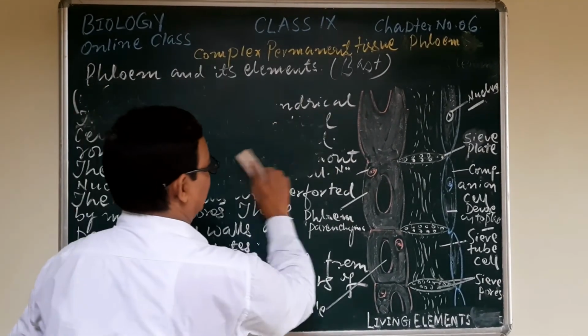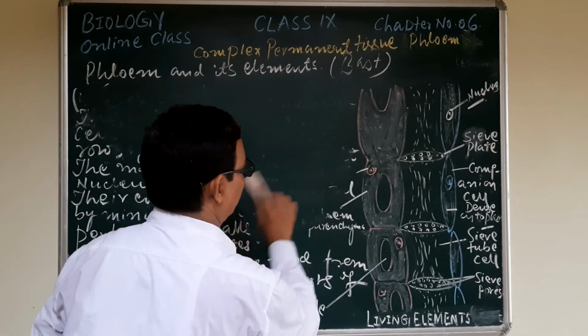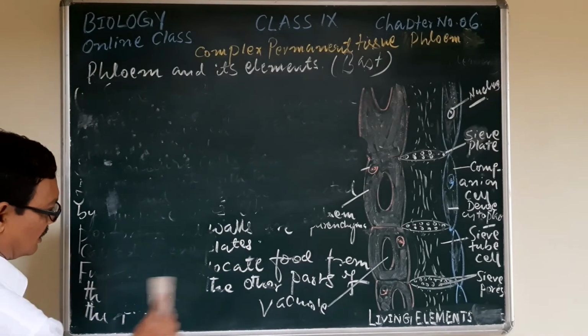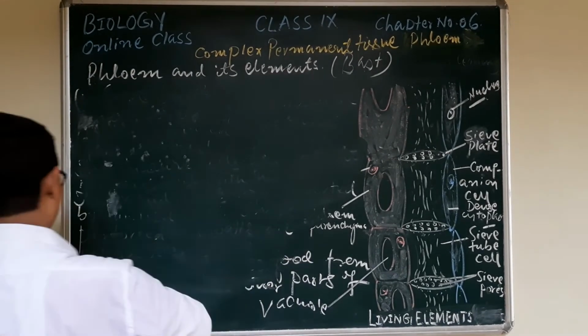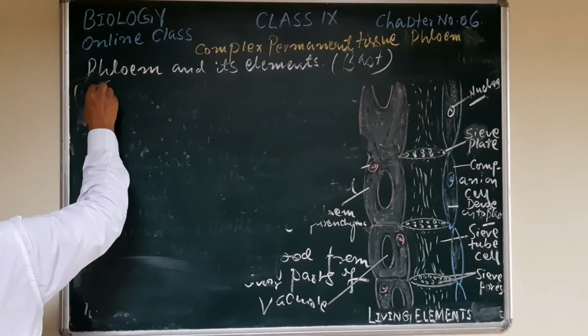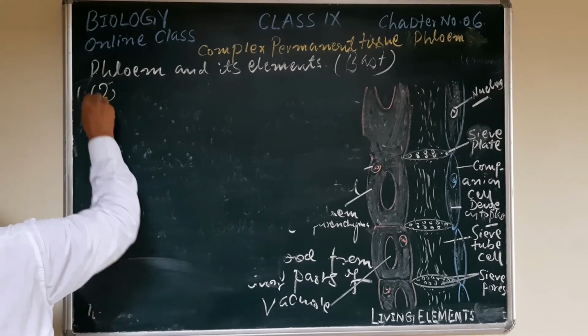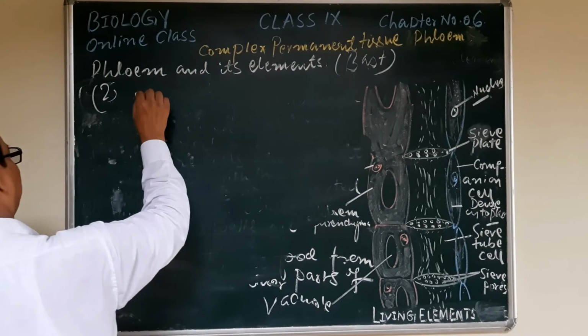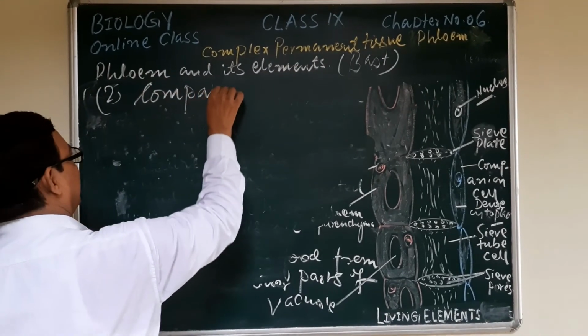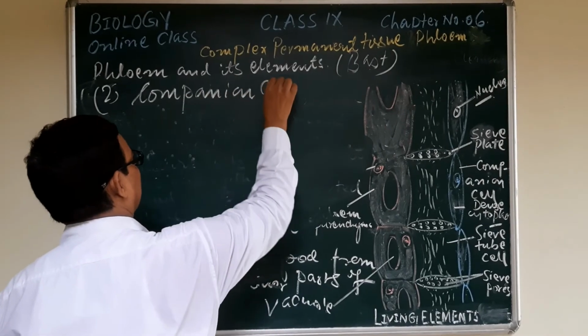Now the second important element of the phloem is the companion cell.